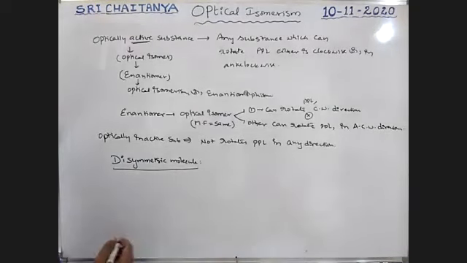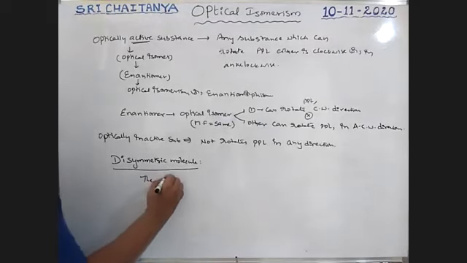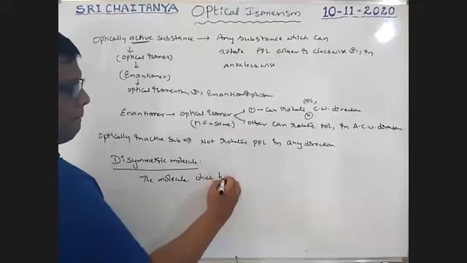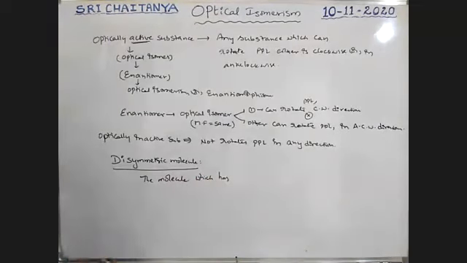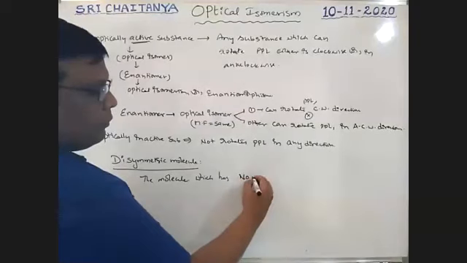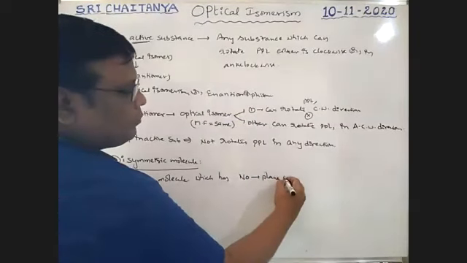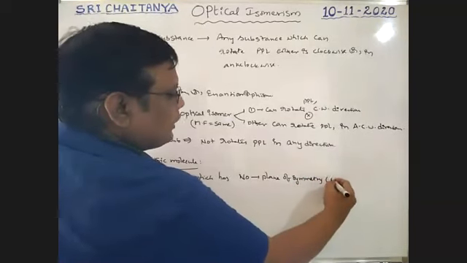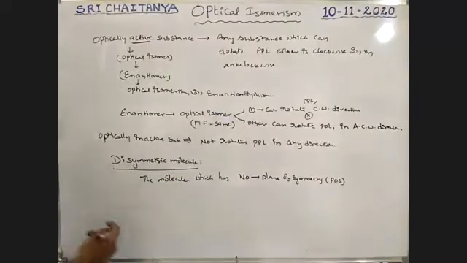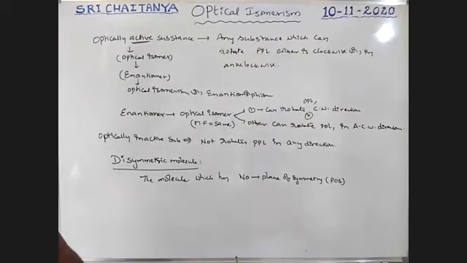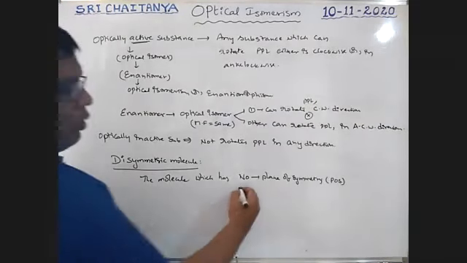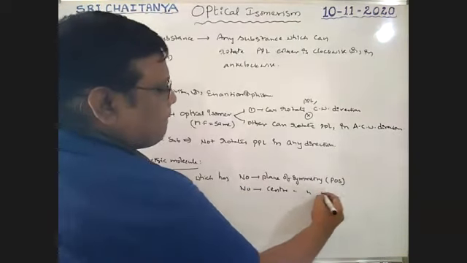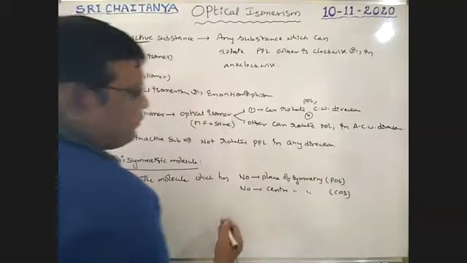The molecule which has no plane of symmetry, that is POS. Later I am going to use POS. POS means plane of symmetry. No center of symmetry, COS.